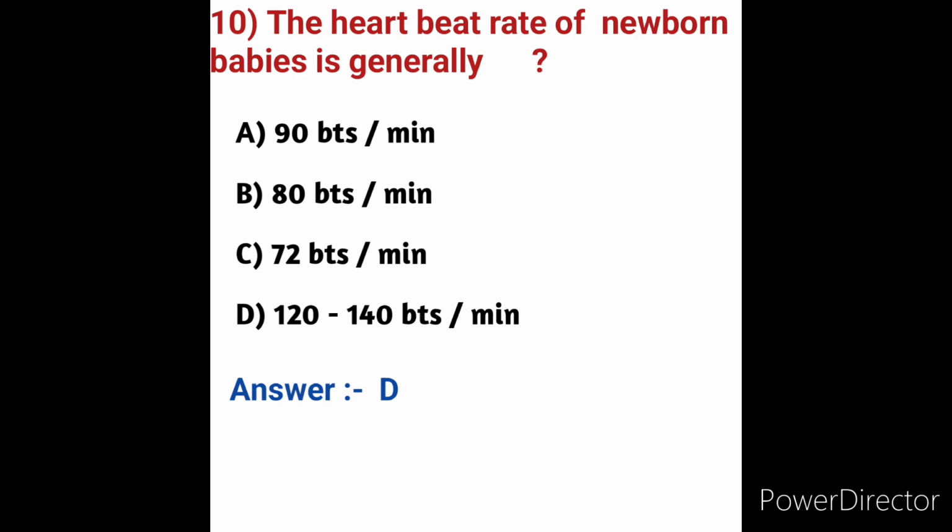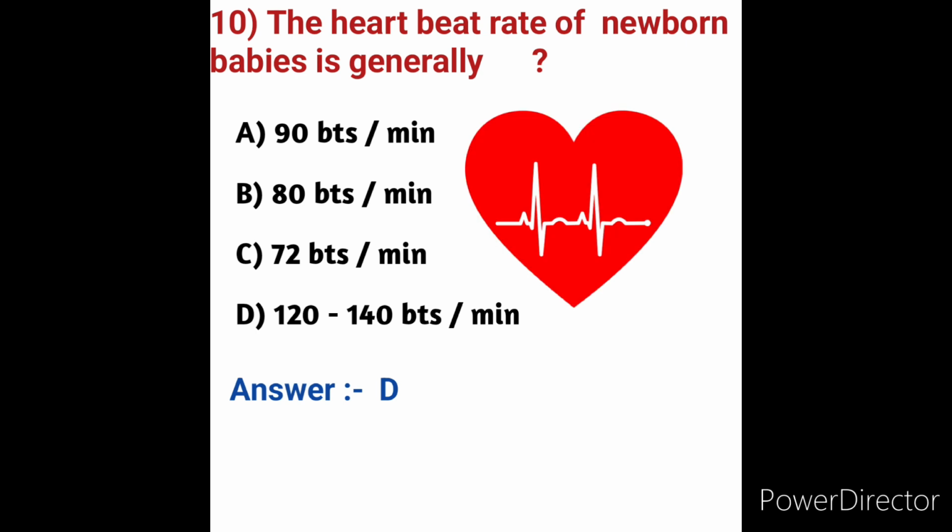This is an additional point. Here the heart rate of newborn babies is 120 to 140 beats per minute. Option D is the correct answer. But the normal range is 120 to 160 beats per minute. Nearby option C is there, but option D is the correct answer.